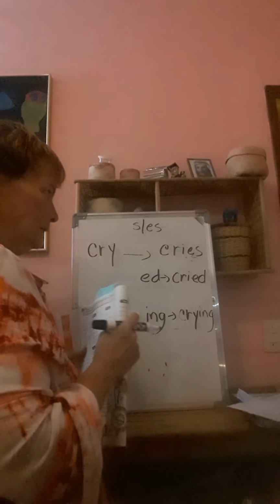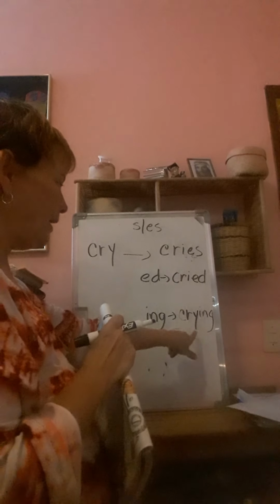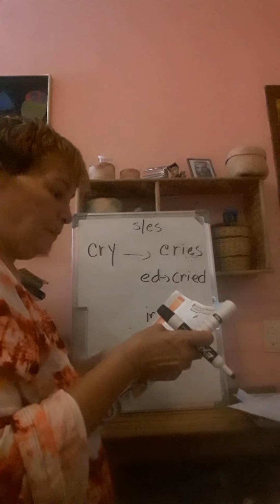So here it would be cries with an I, cried with an I, but with the ing, what did I say? You leave the Y. So cry goes to cries, cried with an I, and crying. Be careful when you do that.